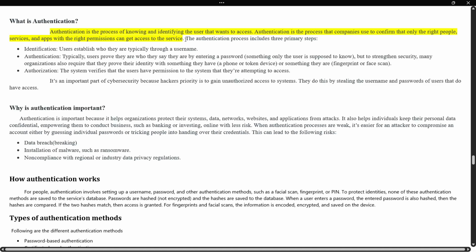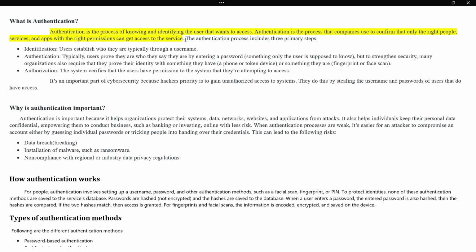Before jumping into the technical side, let's understand with the example from the previous video, the house owner. If anybody comes to the house, they will first ring the bell, then the owner or anybody in the house will identify that person by using either a window, a CCTV camera, a door mirror, or their voice.